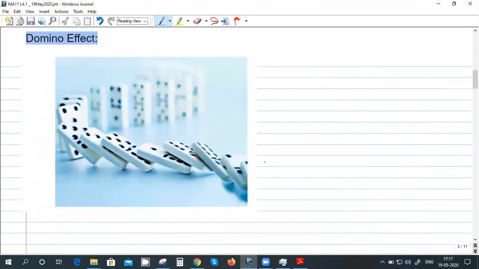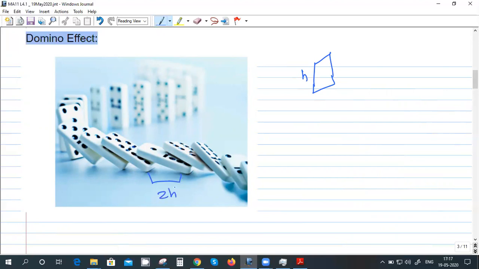Here, what do you see? It's a pack of tiles. And if I push one tile, all the tiles will fall, right? But the tile has got some size, no? Say the height of the tile is h. But suppose the distance between two tiles is 2h.